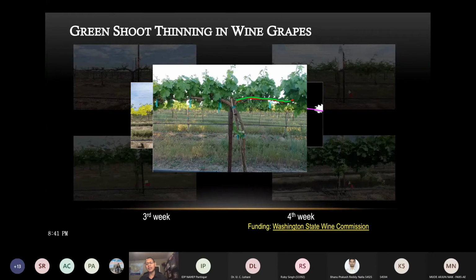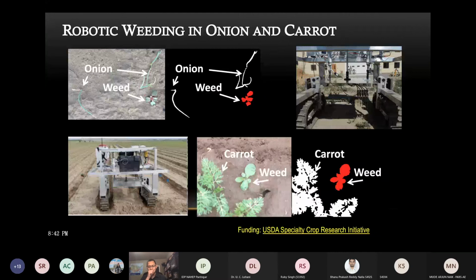Similar to the cherry harvesting system we have developed, we use certain techniques to find out these cordons even when they are not visible. We have tested a robotic system to actually do the thinning operation. I couldn't have a video right now due to the time limit and other things, but we have a machine already performing that at a prototype level.